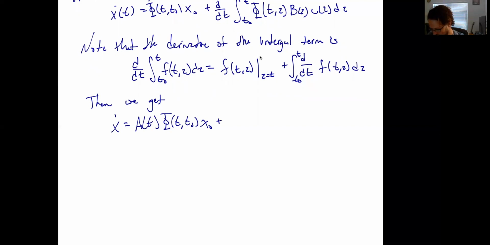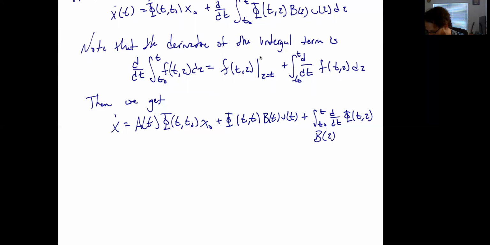Then this will be plus what's inside the integral evaluated at tau equal to t, phi of t, t, b of t, u of t, plus the integral from t naught to t of d dt of phi of t, tau, times b of tau u of tau, d tau.